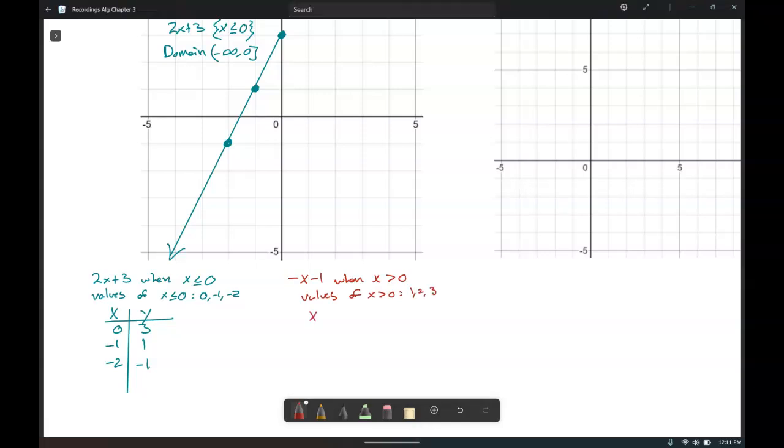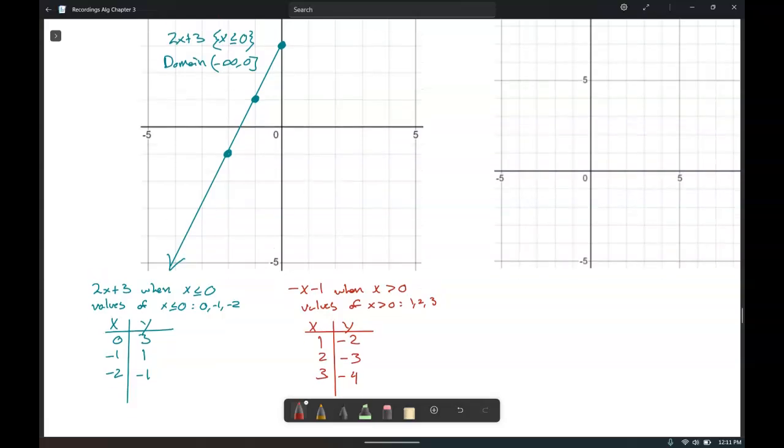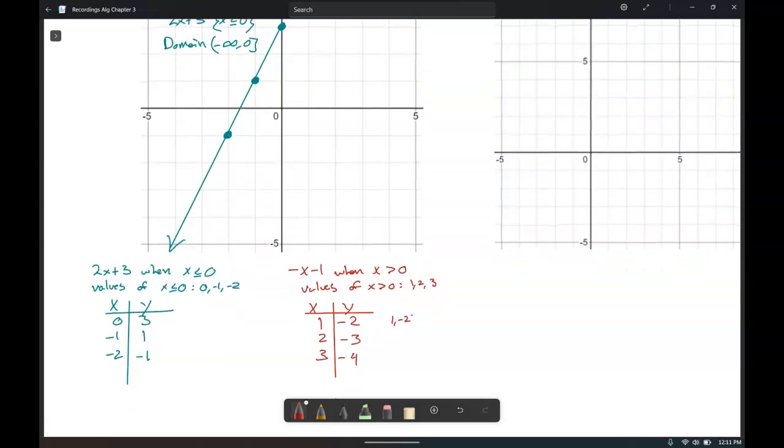So we'll make another xy chart using 1, 2, and 3. And when we plug them into our equation, 1 for x, 2 for x, and 3 for x, we get -2, -3, and -4. So we have these ordered pairs, (1, -2), (2, -3), and (3, -4).